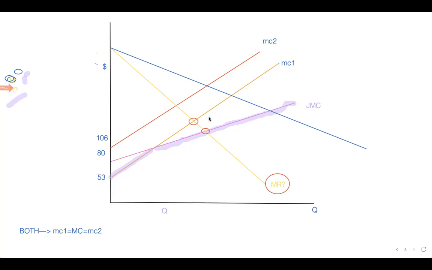Okay, that's the first point. So when we want to see how much each of them is producing as part of the cartel, hopefully, again, I'm going to make these parallel.